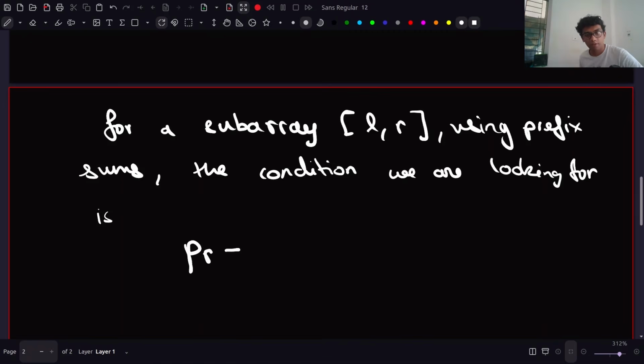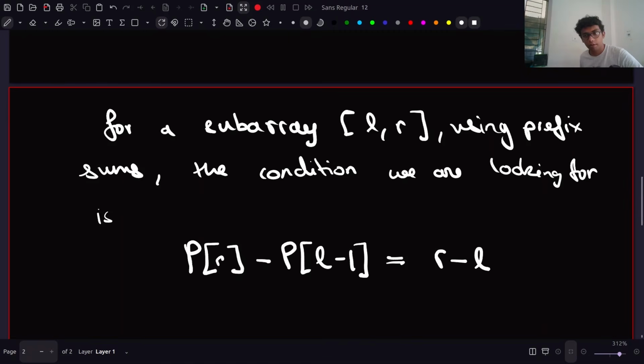So prefix at R minus prefix at L minus 1 should be equal to R minus L plus 1. I guess that makes sense, right?